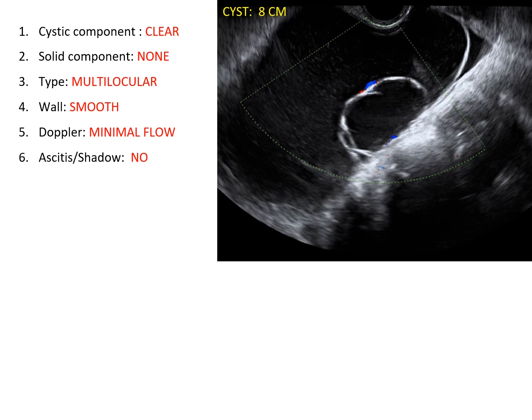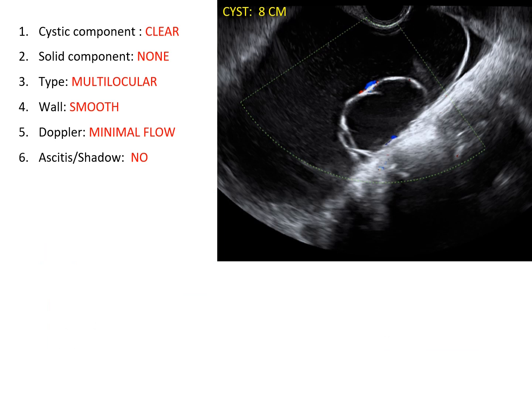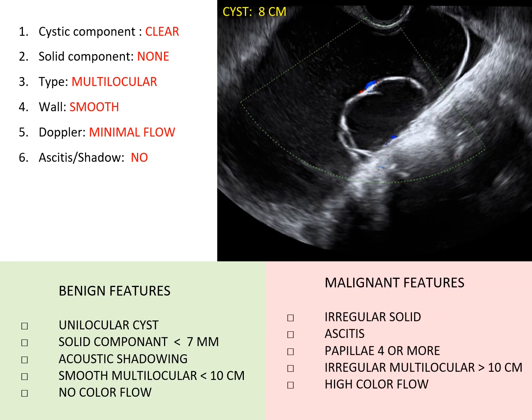So can we use easy descriptors? Is it an endometriotic cyst or a dermoid cyst or a simple cyst or a hemorrhagic cyst? No, we cannot use easy descriptors. So we go to the next step, that is trying to use the simple rules. Now let us see which of these benign features are present in this cyst and which of the malignant features are present in this cyst.